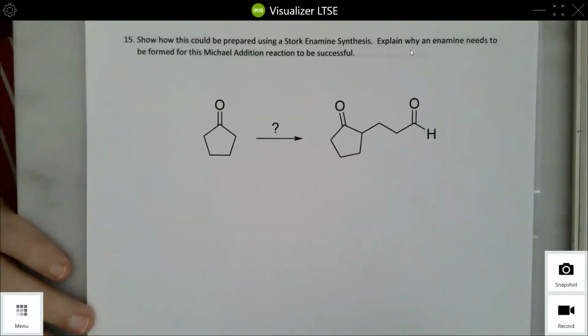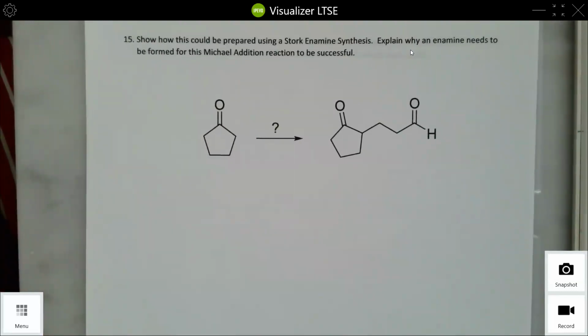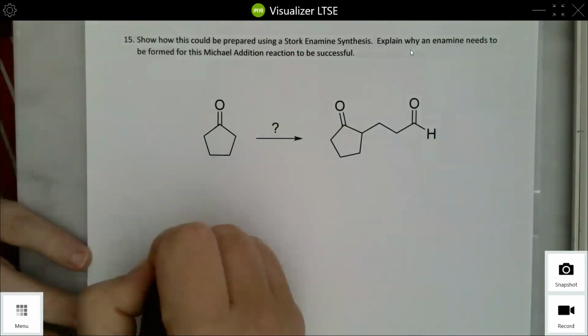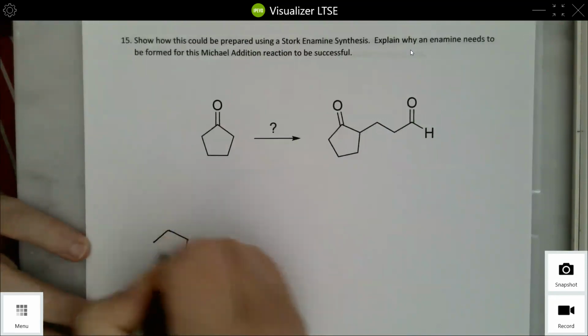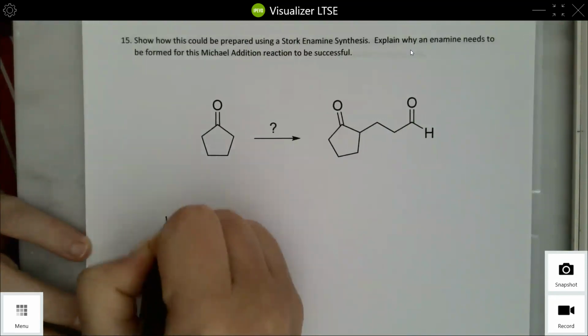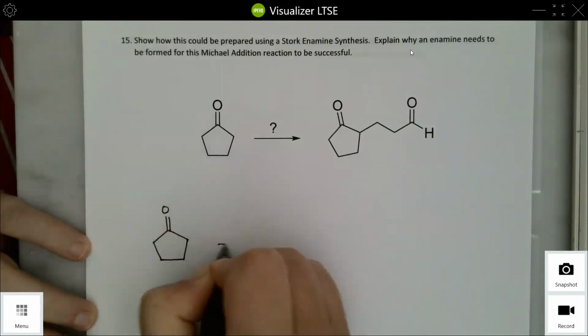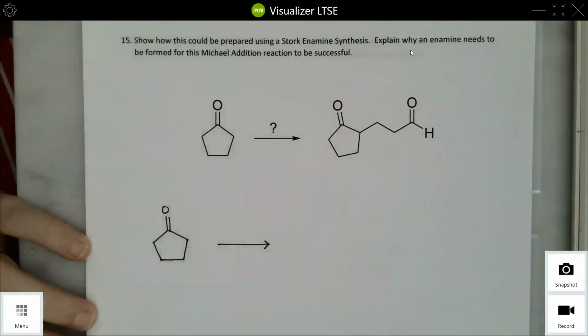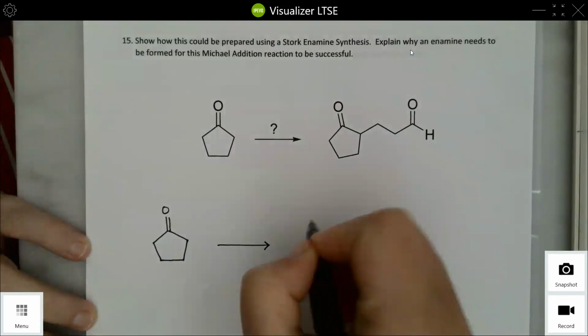Show how this could be prepared using a Stork-enamine synthesis. Explain why an enamine needs to be formed for this Michael reaction to be successful. Okay, so if we start with this ketone, you have to remember back to a previous chapter where we learned about enamines.